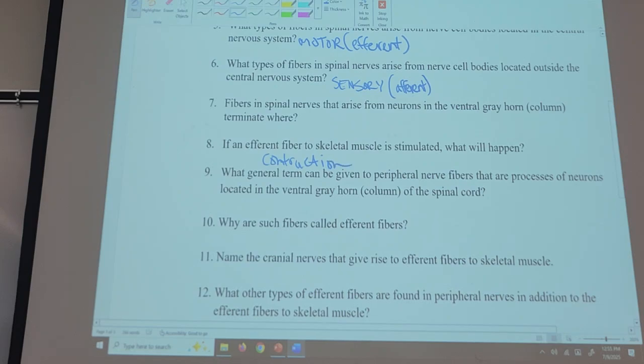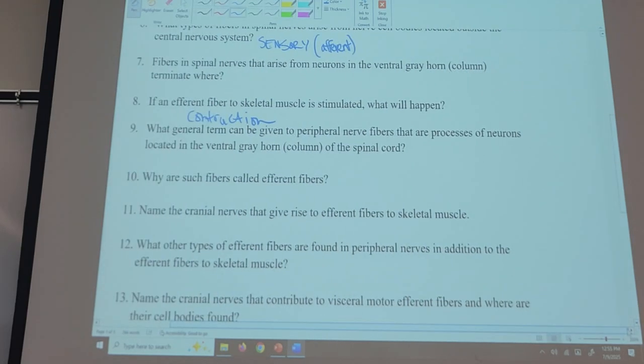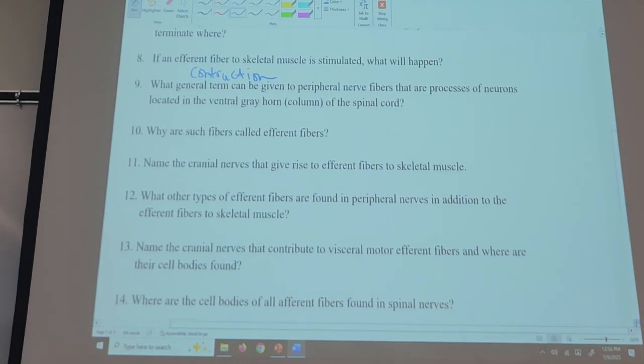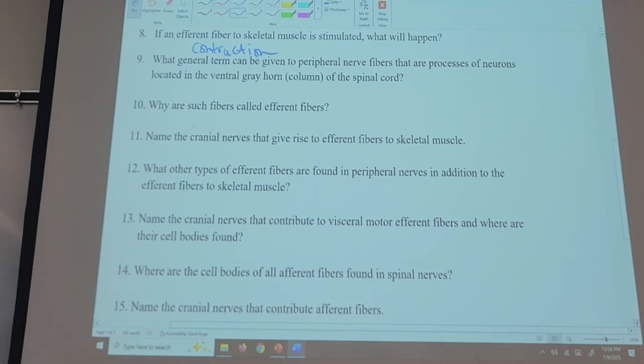Okay, so number 9, we haven't gotten to yet. Okay, so why are fibers called efferent fibers?